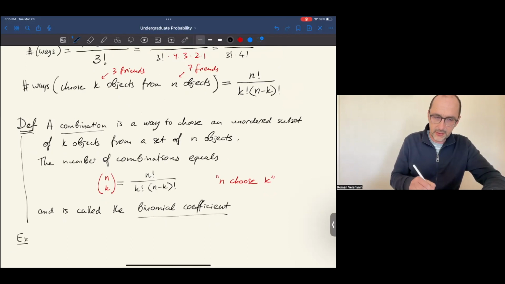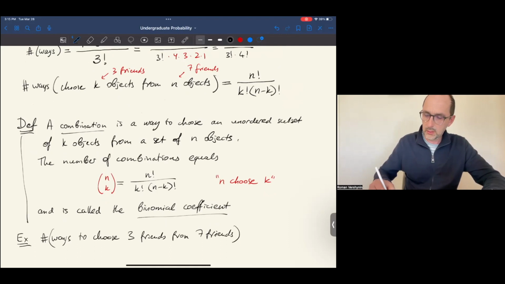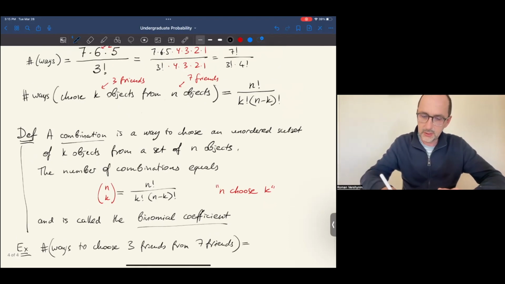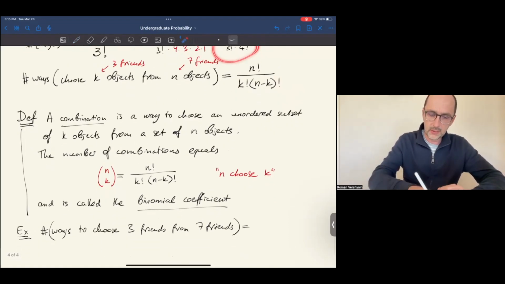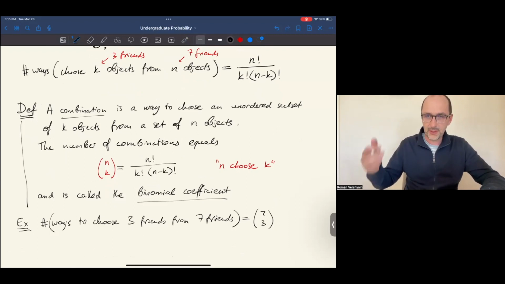In our particular example, the number of ways to choose 3 friends from 7 friends, as we computed, in this notation, is 7 choose 3. We're choosing 3 from 7. Thus, 7 choose 3, and we computed it was 35.